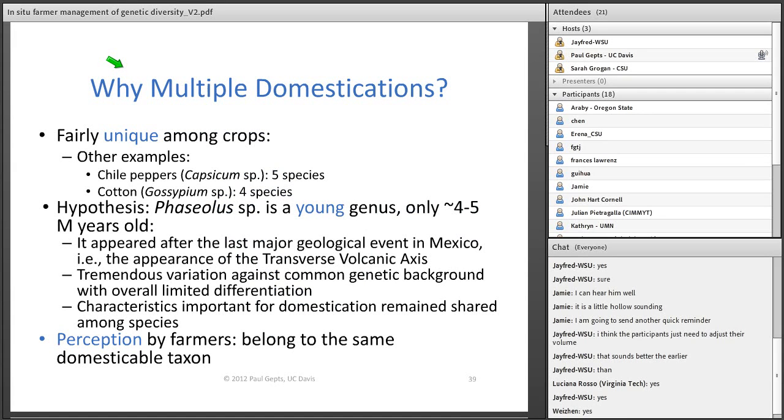You could also look, as part of that study, at where this determinacy is found, in what type of genetic background. Here is the distribution of wild common bean in the Americas, going all the way from northern Mexico to northwestern Argentina, and the two groups before. So we confirmed that.